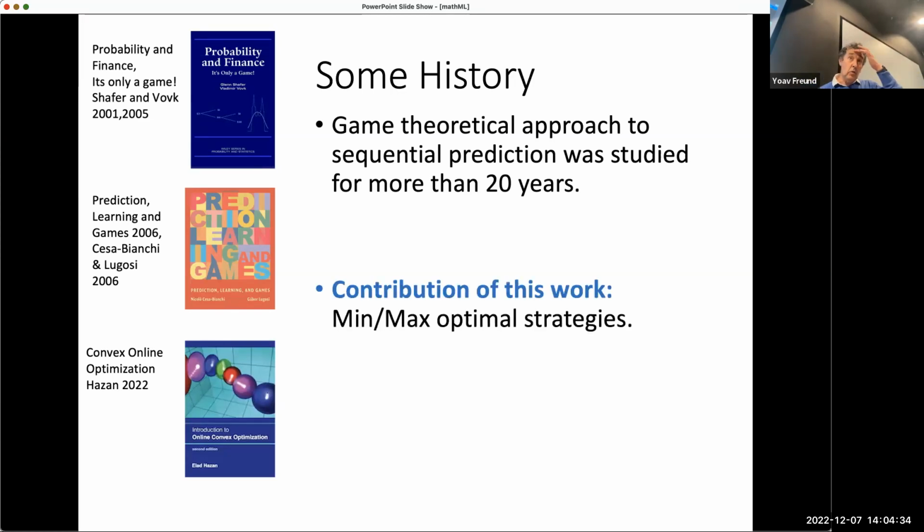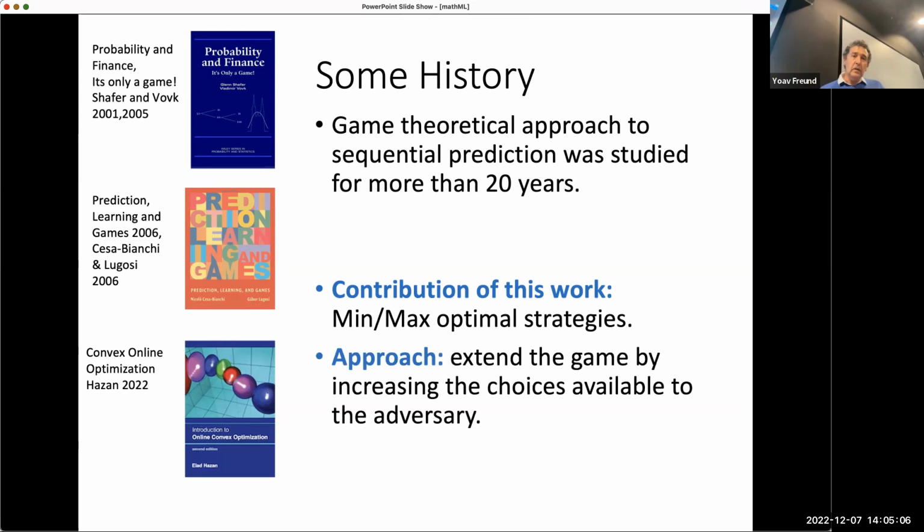So what is my contribution in this work after so many works have been done? These are just some of the books, and there are of course hundreds of papers. I'm going to show something that I think I can reasonably call min-max optimal strategies. These are strategies where it's not that there is a very small gap between the lower bound and the upper bound, but the lower bound is equal to the upper bound.